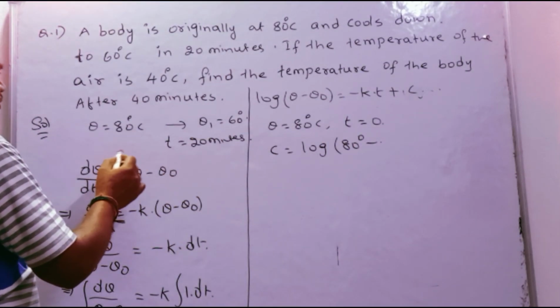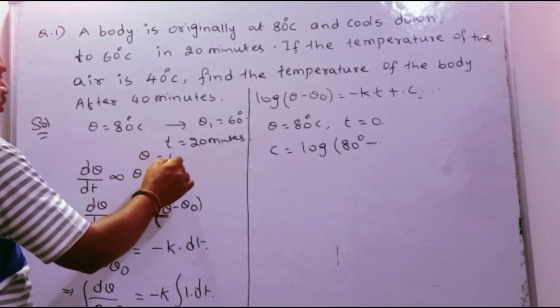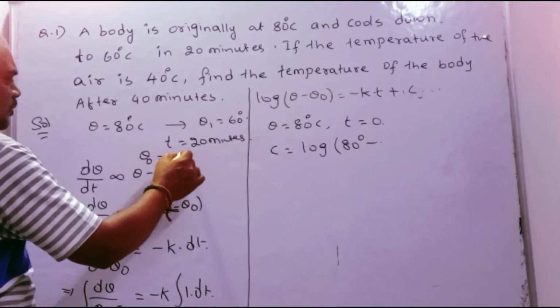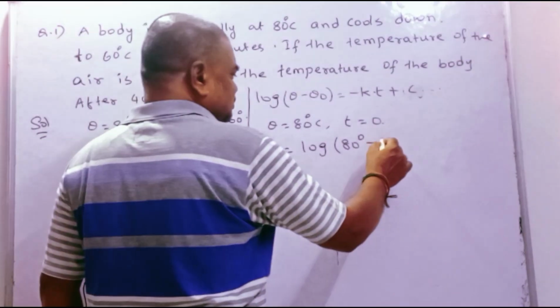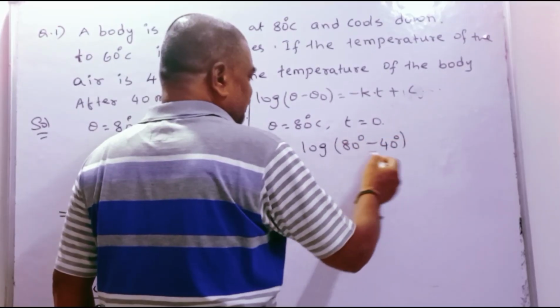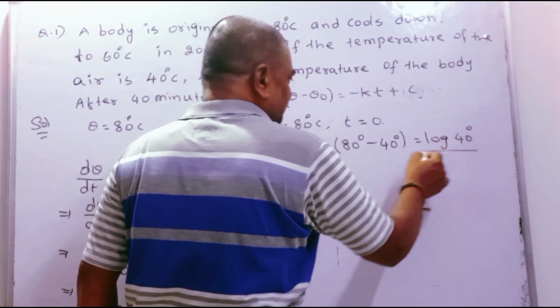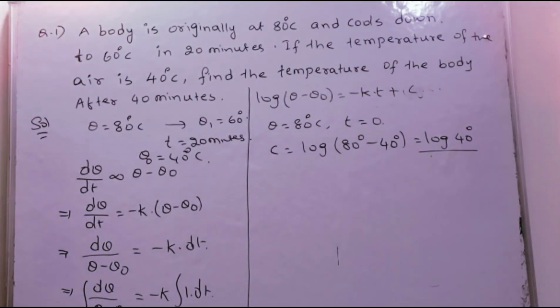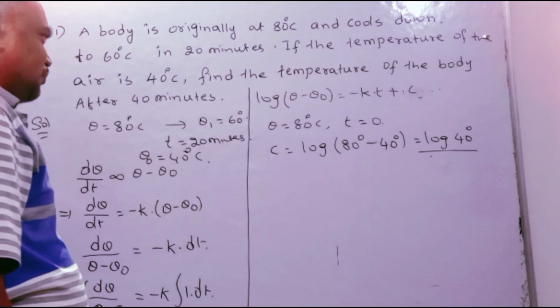Theta 0 is the surrounding temperature of the air, theta 0 equal to 40 degrees centigrade, which is given. So c equal to log 40 degrees centigrade. That is the c value.